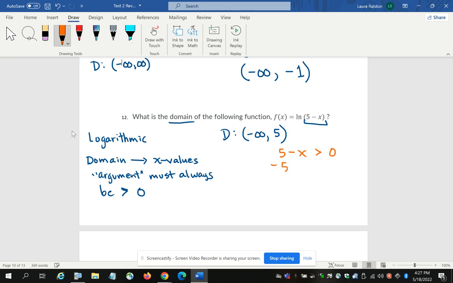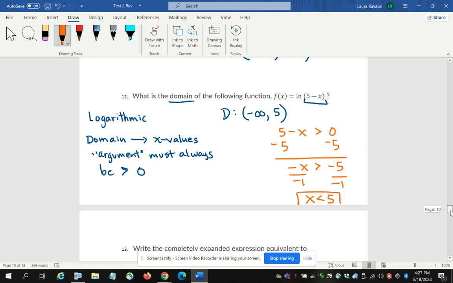And if I solve that inequality for x, remembering that when I divide by this negative, I have to flip my inequality symbol, we get the expression that x is less than 5. So I can choose anything from negative infinity up to, but not including 5.